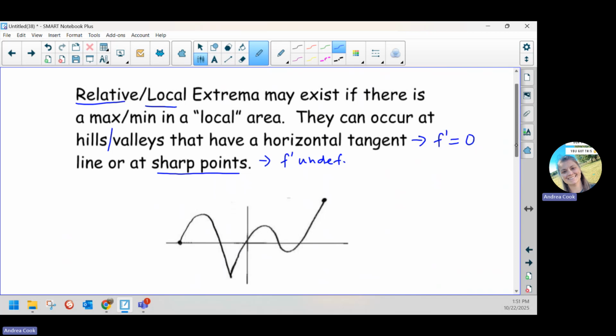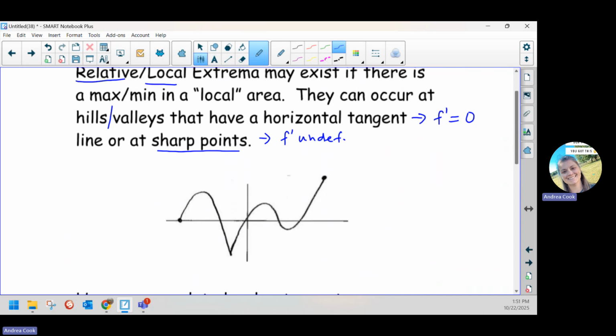So when you look at this picture here, I have a horizontal tangent right there, and that is a relative max. I have a horizontal tangent here, and that's another relative max.